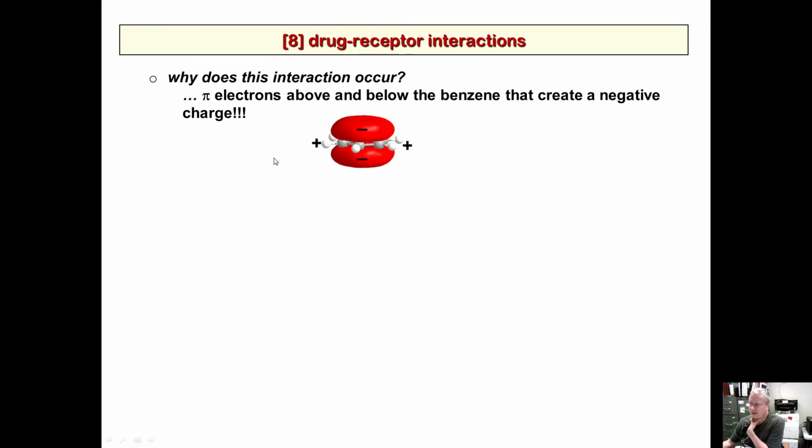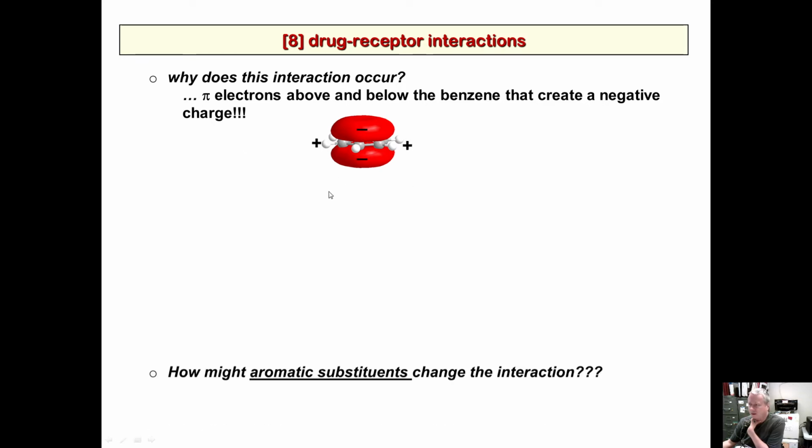You can see that in this depiction with a partial negative charge above and below, and a partial positive charge on the outside. Most molecules have some kind of distribution of positive and negative charges.